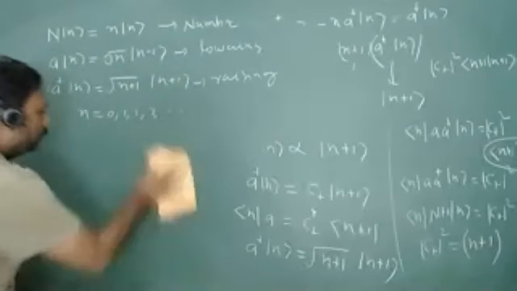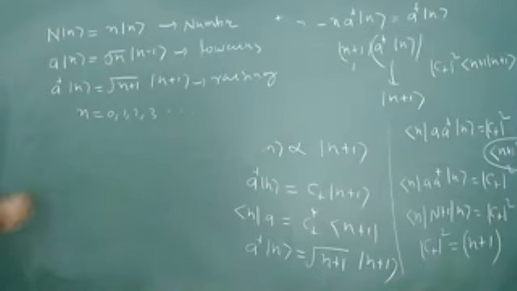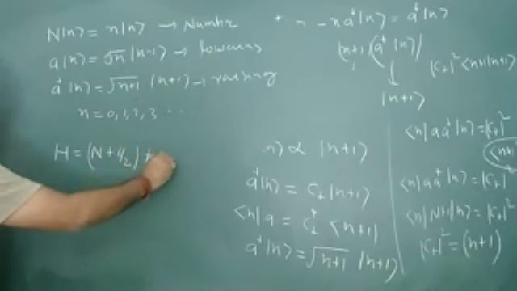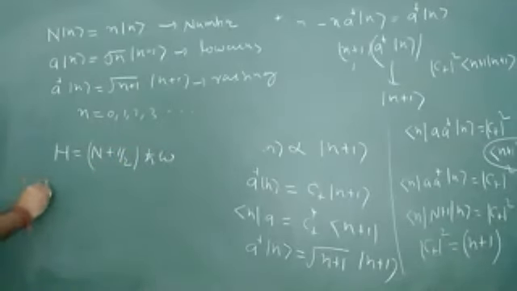But I am interested in the Hamiltonian. Now you can see the Hamiltonian H is given as n plus half, h cut omega. And you can easily see that H and N are going to commute.